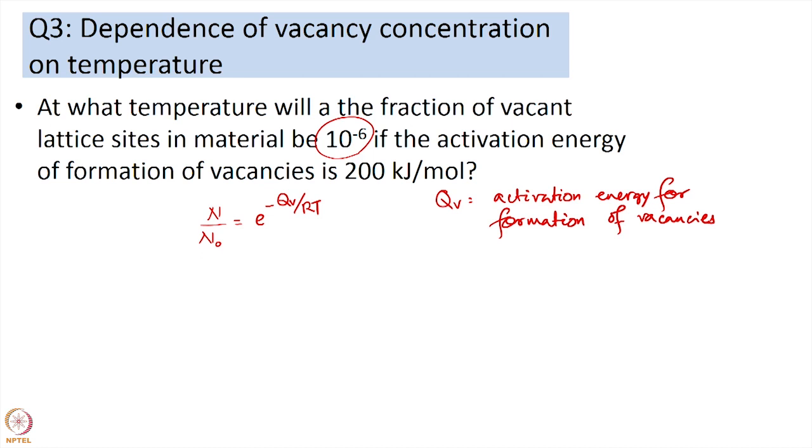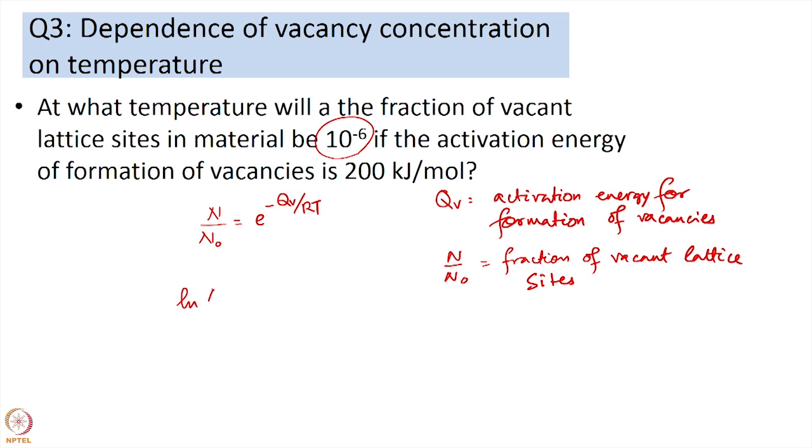If you recall, this was something we talked about on the slide on point defects, especially with relation to understanding the interaction between dislocations and point defects. So, this relation is coming from there. So, Q V is the activation energy for formation of vacancies, and n over n naught is basically the fraction of vacant lattice sites.